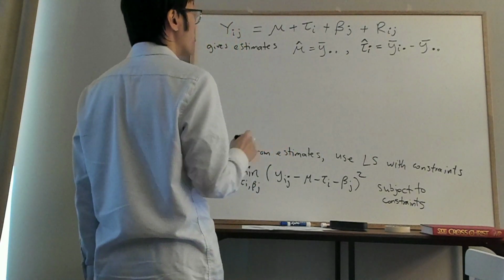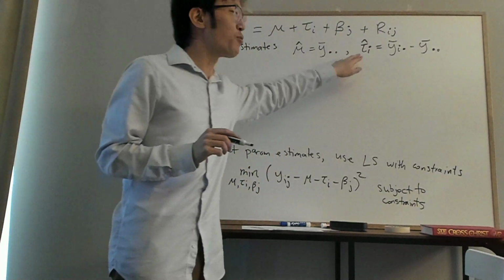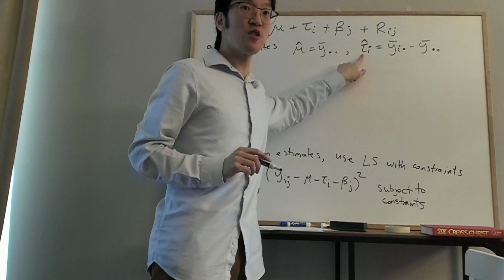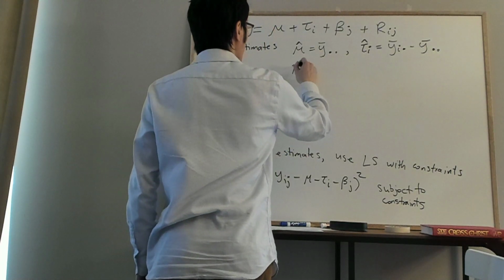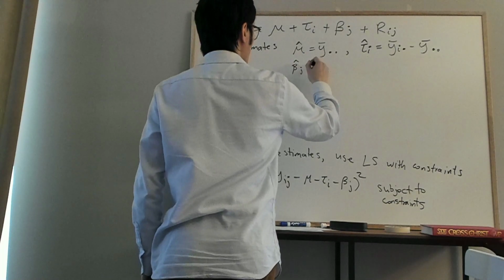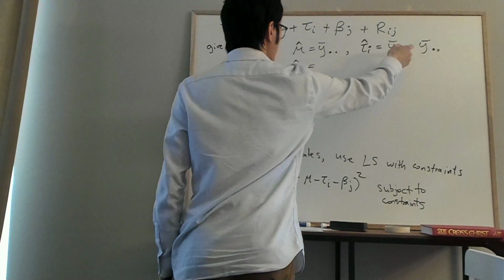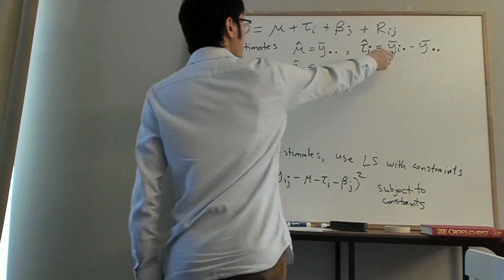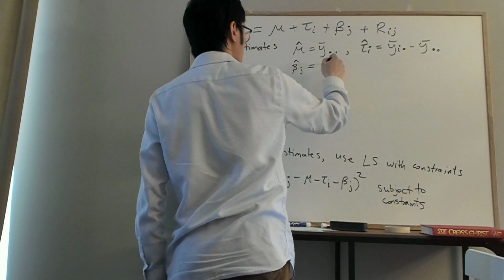And then finally, we also have the estimates of the block effects. Very much analogously to the estimates of the treatment effects, the estimate of the block effect is the difference between the block mean and the overall mean. Just keep track of the subscripts. For the treatment mean, this is tau I, so it's I dot, and this is j, so it's dot j.